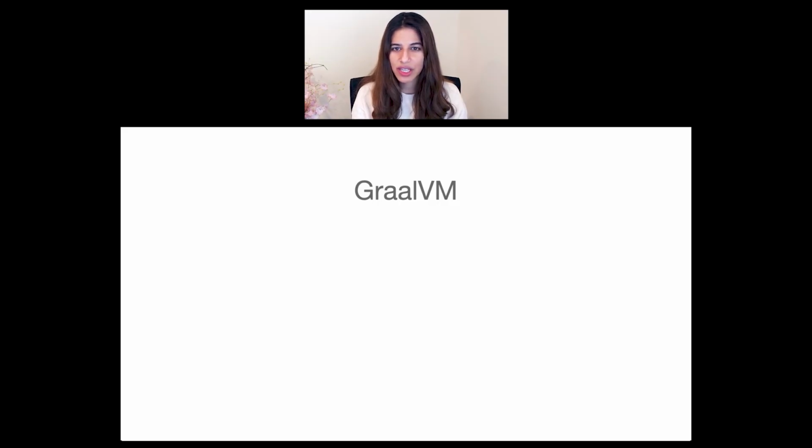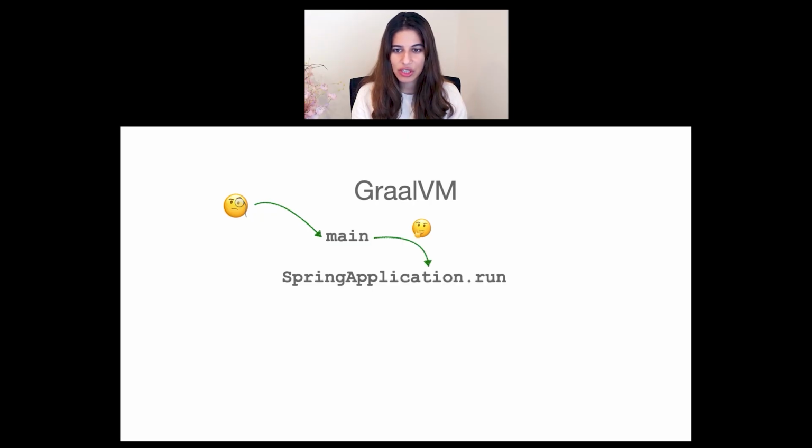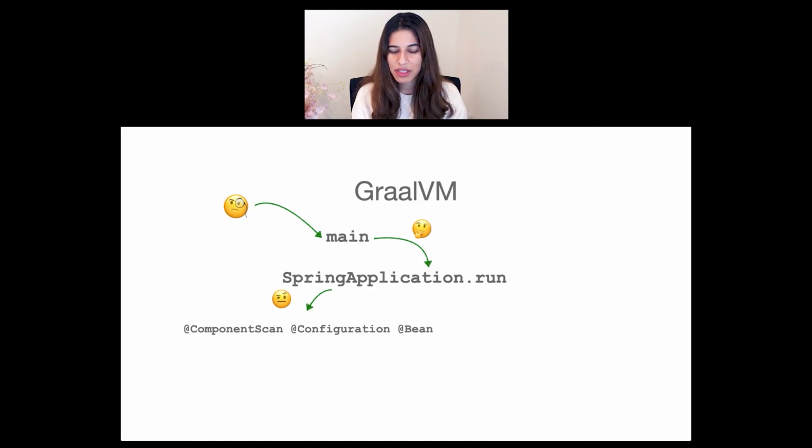So what would it do in the case of our demo application? It would find our main method. From there, it would find our Spring application.run. From there, it would see the annotations, the component scan annotations, maybe the configuration and the bean annotations.